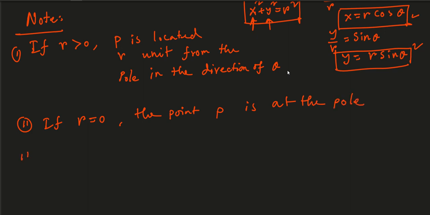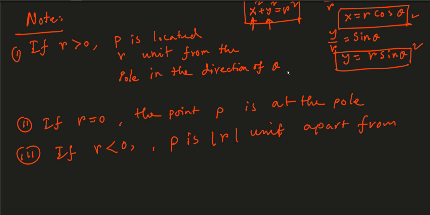Now the third note: if r is less than 0, well, r cannot be 0, but sometimes it may arise that there is a negative sign before r. So in that case, the point P is absolute value of r units apart from the pole, but in the opposite direction.